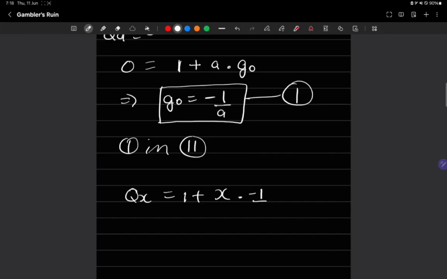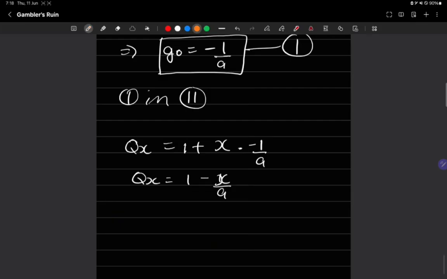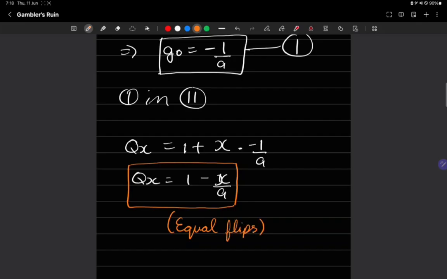So that gives us the value x into minus 1 by a. So Qx becomes 1 minus x by a. So that's our equation in the case of equal flips, where p is equal to q.